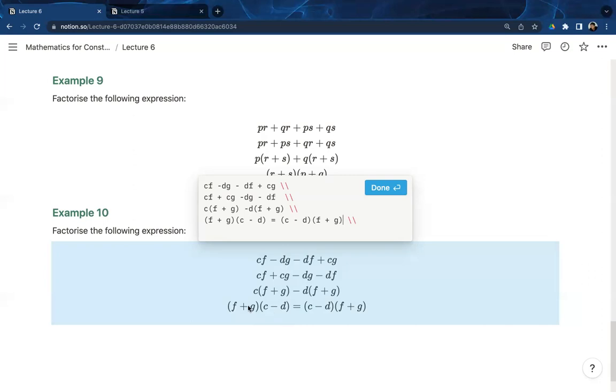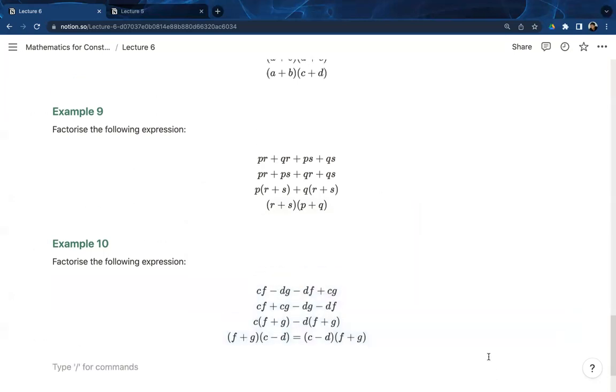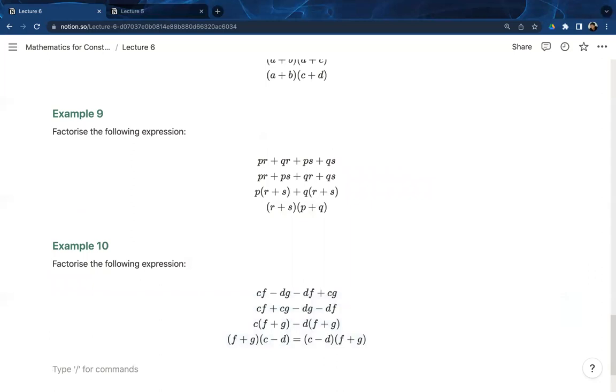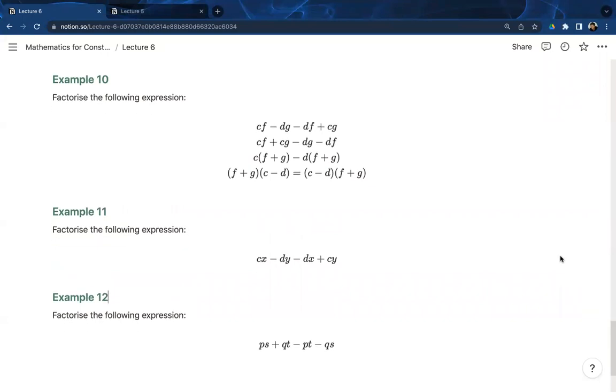So F before G, C before D. I could write it as this, but it doesn't make it right or wrong, which bracket you have first. So try questions 11 and 12. Very similar, just try to get the practice of doing partial factorization, because that's what this topic is. Have fun with it.